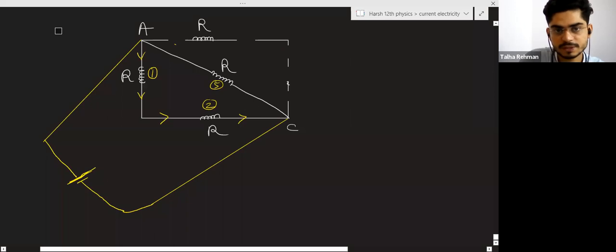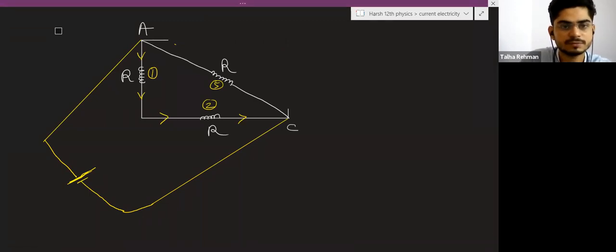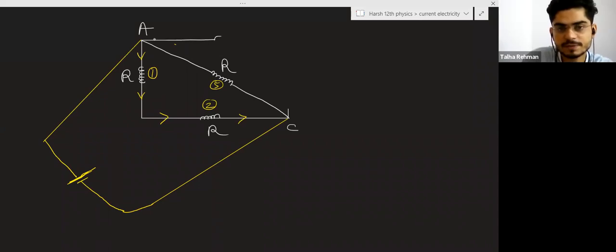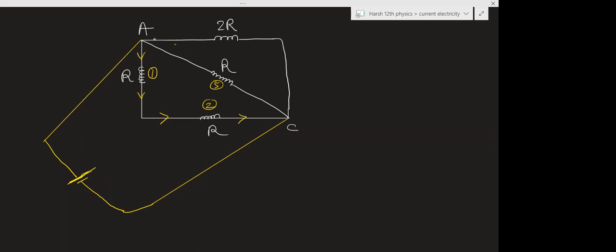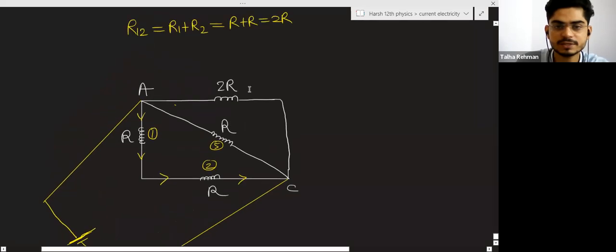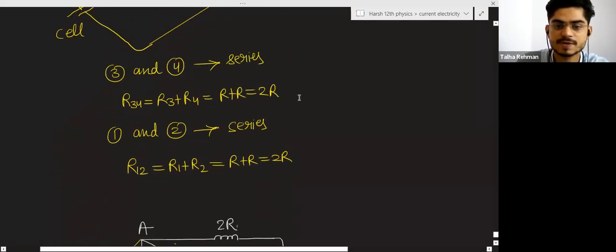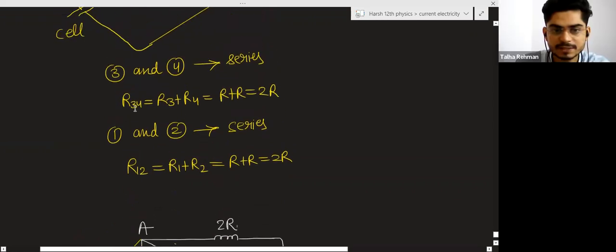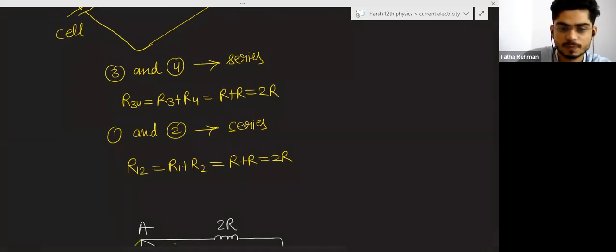Now I am replacing these resistances with a single resistance connected on the wire. So that single resistance will now be 2R. The equivalent resistance is 2R, because we have calculated it here. This resistance 2R is named R34.